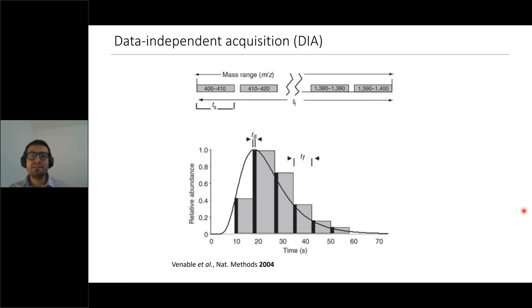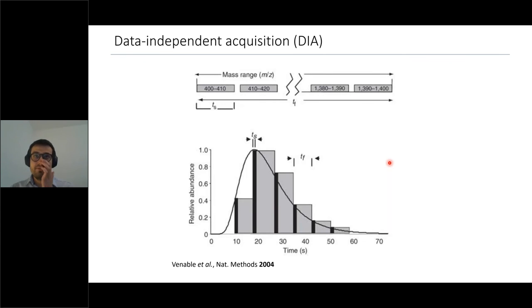Actually, DIA is not the newest idea. It dates back at least almost 20 years now. And one of the first publications showing this idea is this one from 2004 that actually explains already all the things that you need to know for this webinar today.